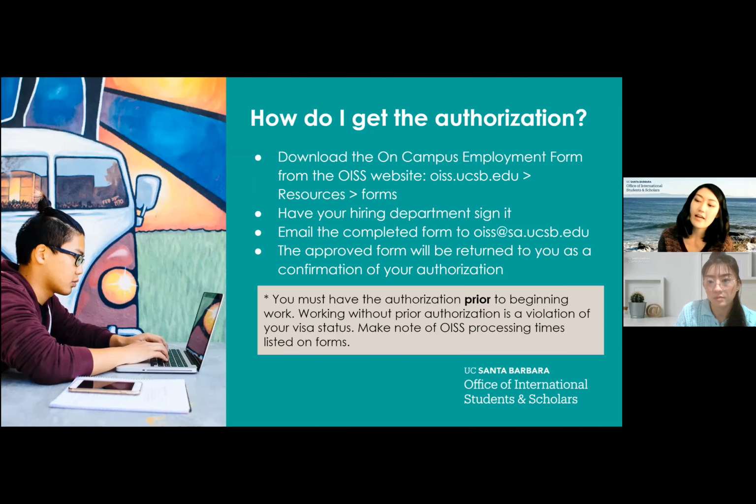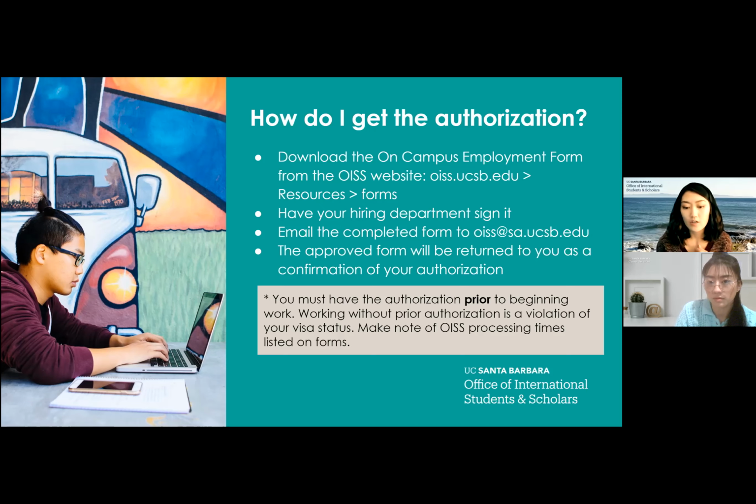And the important part, how do I get the authorization? First, you will download the on-campus employment form from the OISS website. You can navigate to our homepage and then click on the resources tab at the top, and you'll see an option for forms. That's where you will find the form. And then you have your hiring department sign it.